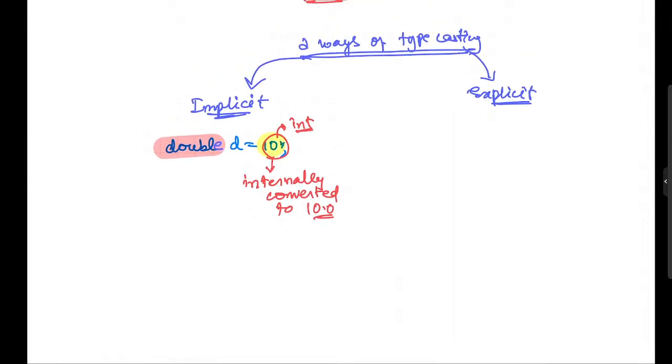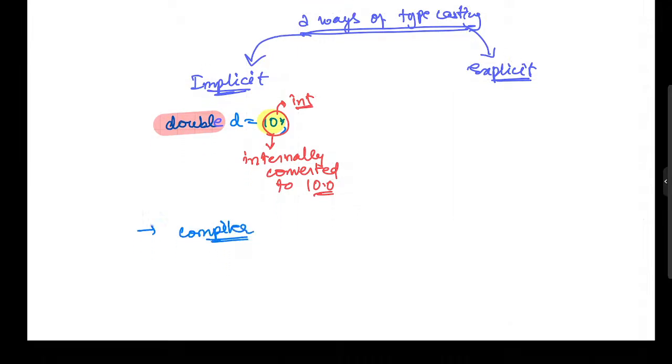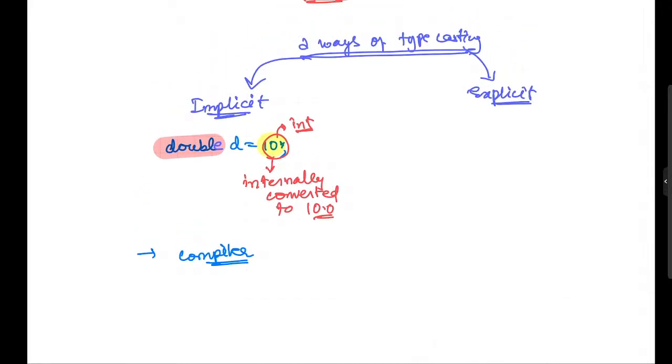So that is the reason implicit type conversion is always handled by the compiler. This is sometimes also known as upcasting or widening.